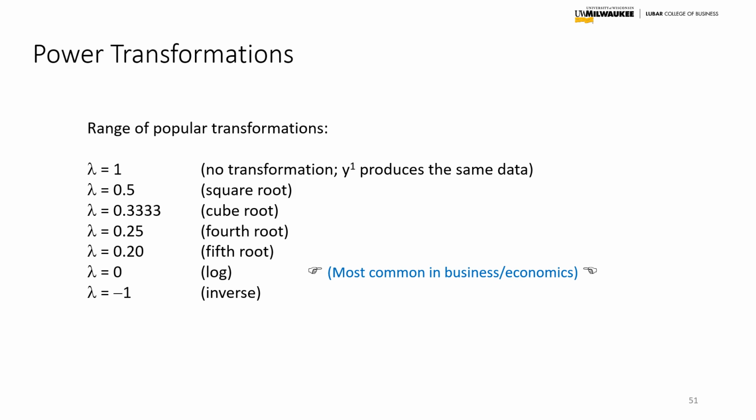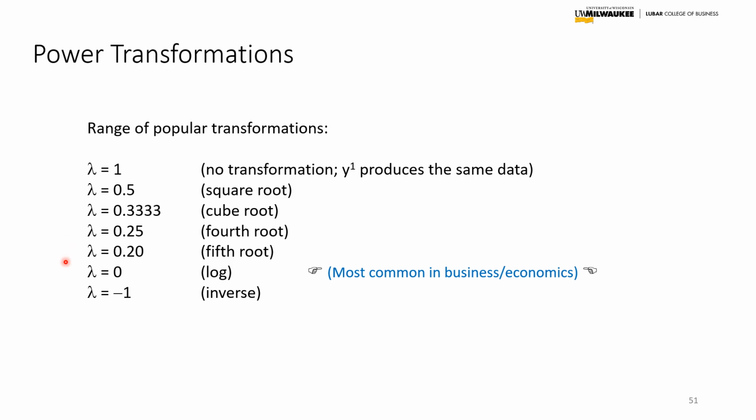Here are some popular choices for lambda for dealing with non-constant variance or positively skewed data. A trial and error approach can typically converge to a reasonable choice quickly. Raising the data to lambda equaling 1 is the innocuous no transformation, so we want to move away from 1, and typically we'll go in the direction of less than 1, for example, taking the square root, which is lambda equaling 0.5, or taking the cube root, or the fourth root, or the fifth root.